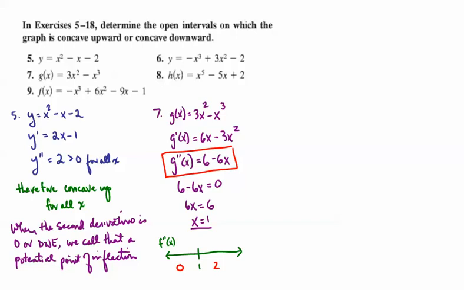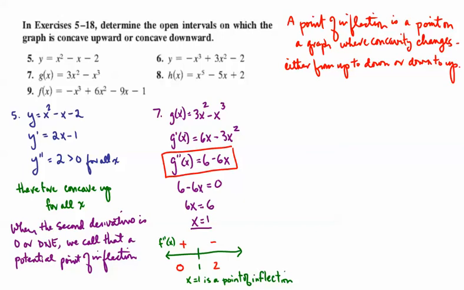We get positive and negative. So 1 is a point of inflection, because not only is the second derivative 0 there, but because concavity changes.